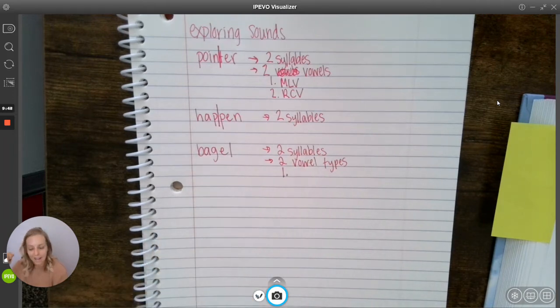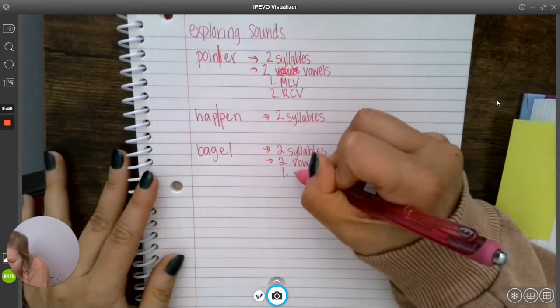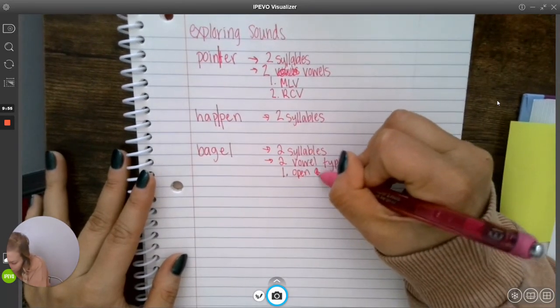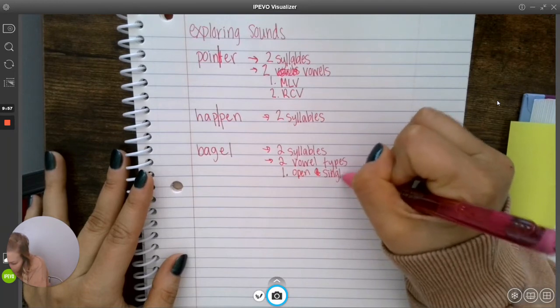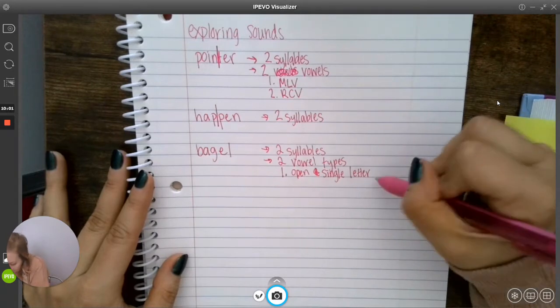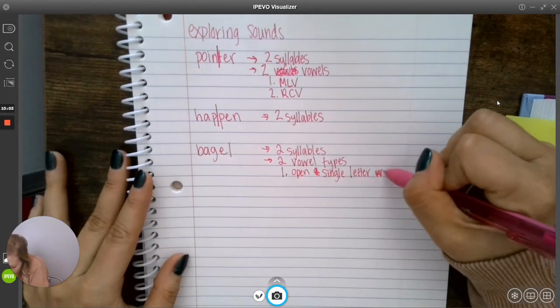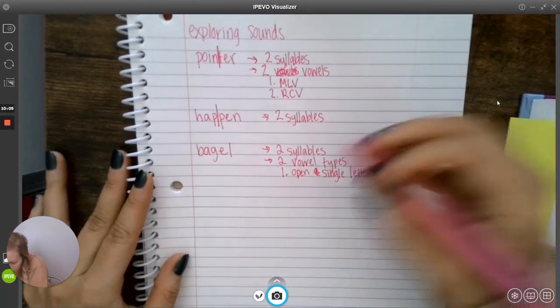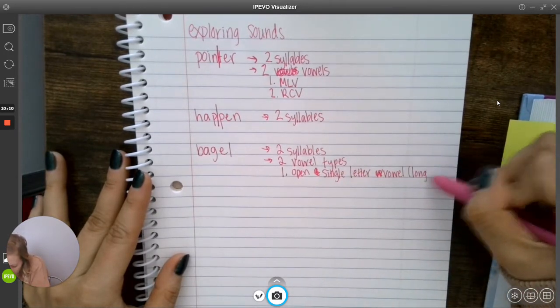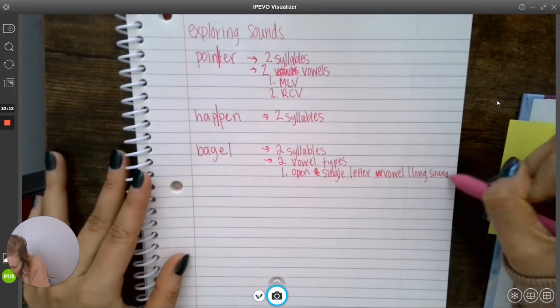It's saying A. So we have open single letter vowel. And then I'm going to put in parentheses long sound.